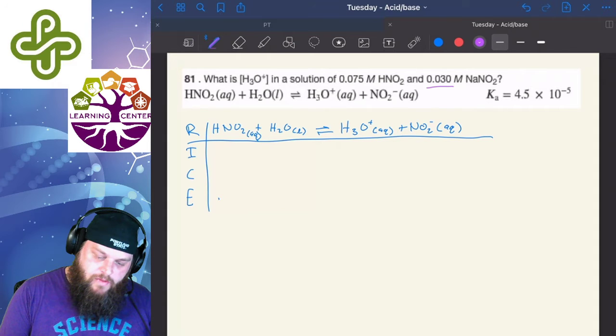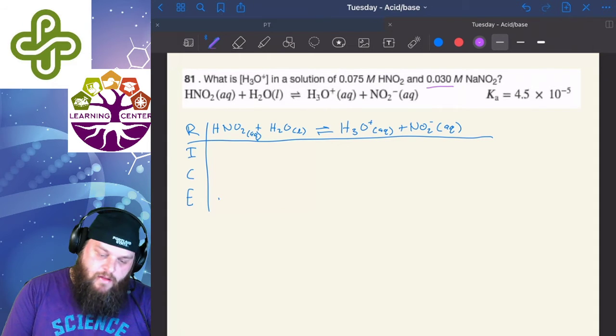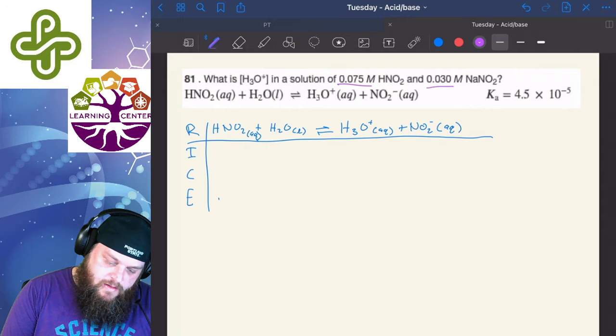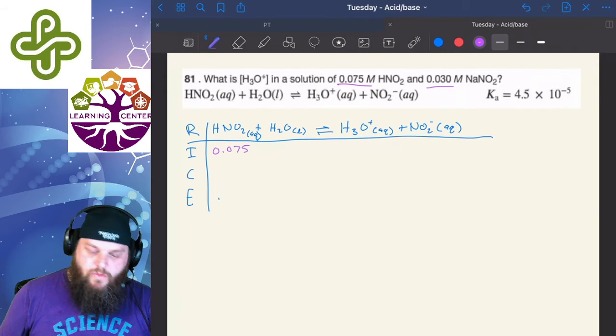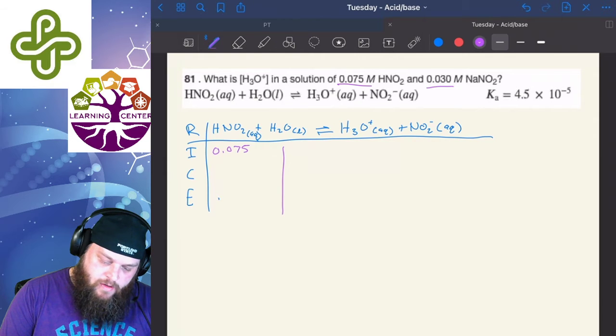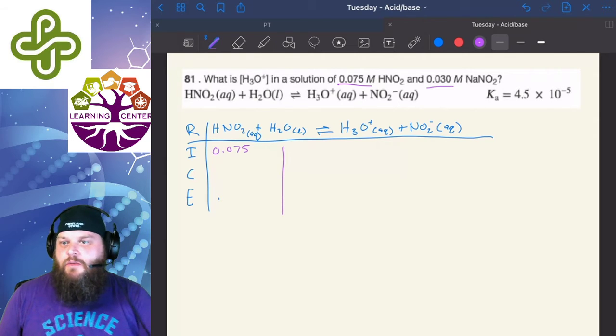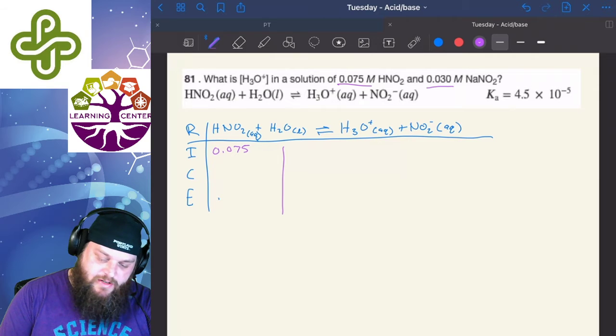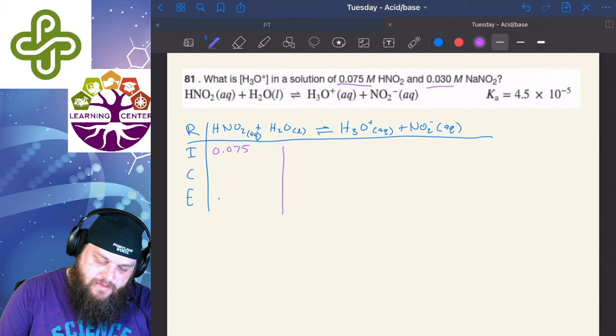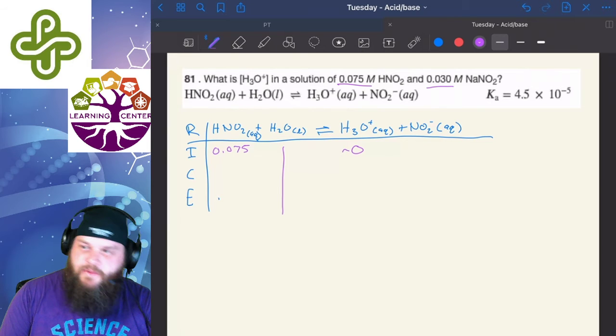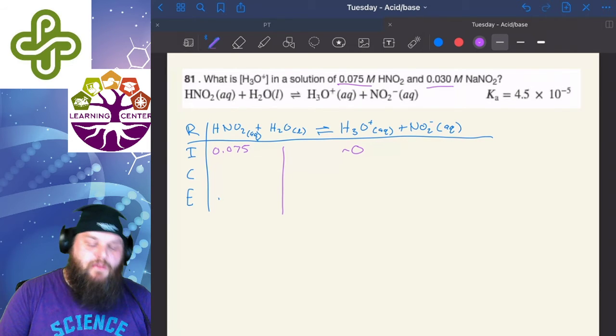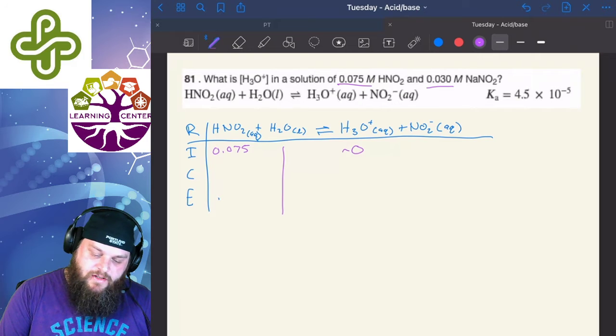So the initial concentrations that were given here, they give us 0.075 molar of the HNO2. Water is, again, we don't really consider water. It doesn't have a concentration in itself. Hydronium starts off at 0, or approximately 0. Like we said, 10 to the negative 7 is pretty much 0. And NO2 concentration is going to be 0.030.